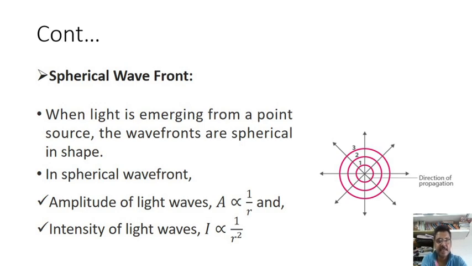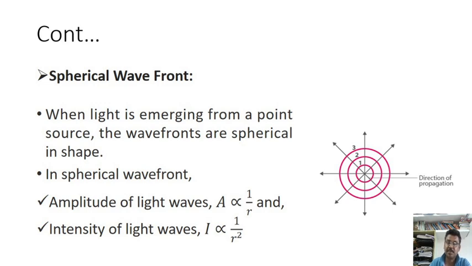Next is spherical wavefront. See the directions of propagation of these light radiations, 1, 2, 3, 4, 5. When light is emerging from a point source, the wavefronts are spherical in shape.